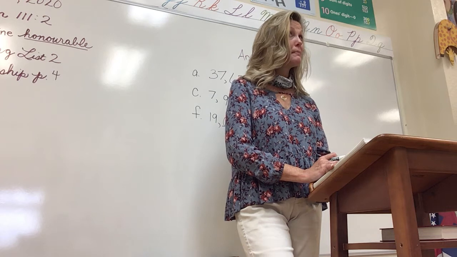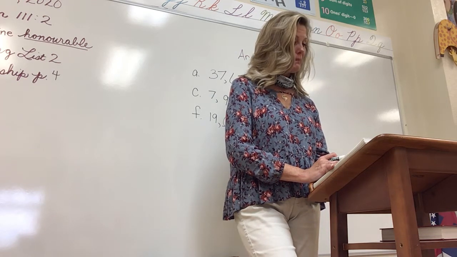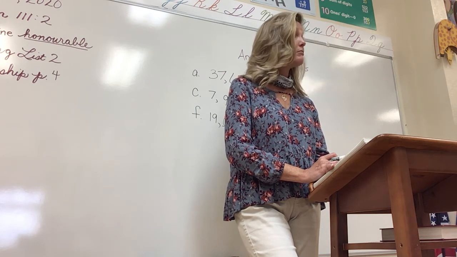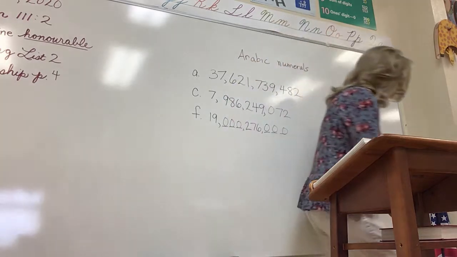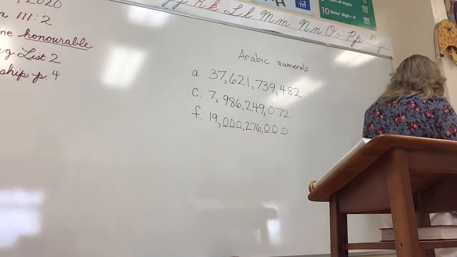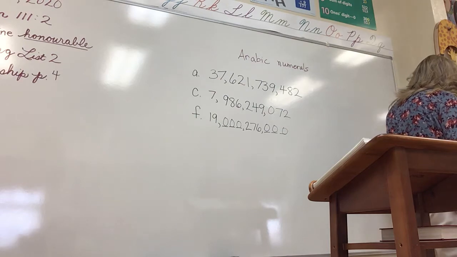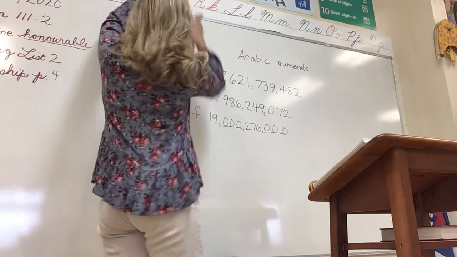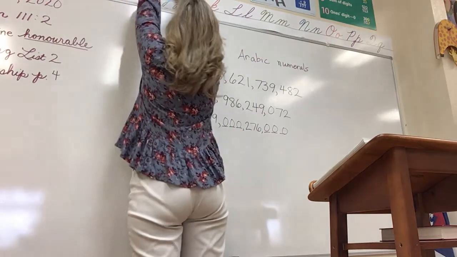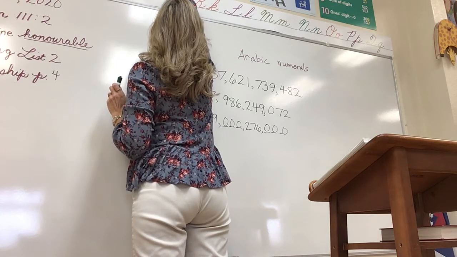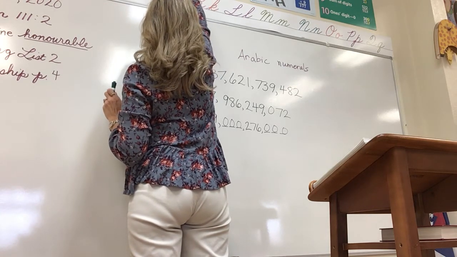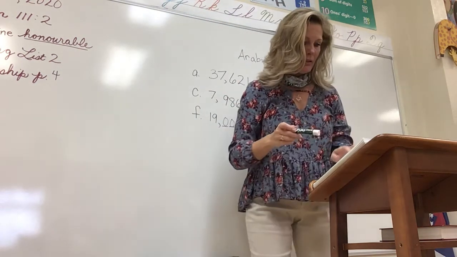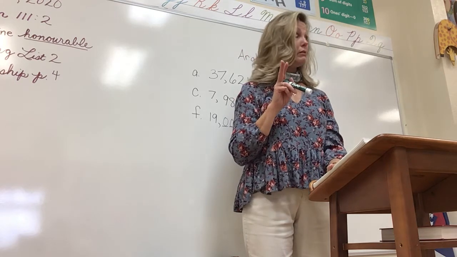Is there a zero in that number? Where is it? At the 10,000. Mason says 10,000s. Does anybody disagree? Okay, so when you look at that number, you should have a zero in this place. So 3 digits, comma, a digit, a zero, a digit, comma, 3 digits, comma, and 2 digits in the front.